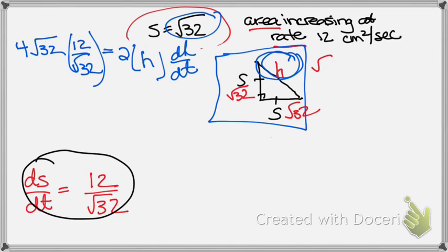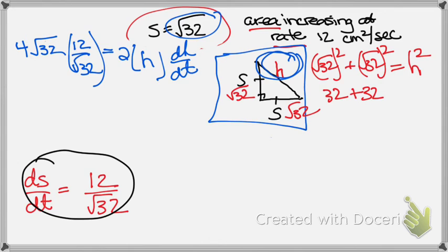So square root of 32 squared plus the square root of 32 squared has to equal h squared. So 32 plus 32 equals h squared. H squared equals 64, so h is 8. And that was the missing piece that we needed to put right here. And now you can solve for dh/dt pretty easily, okay?